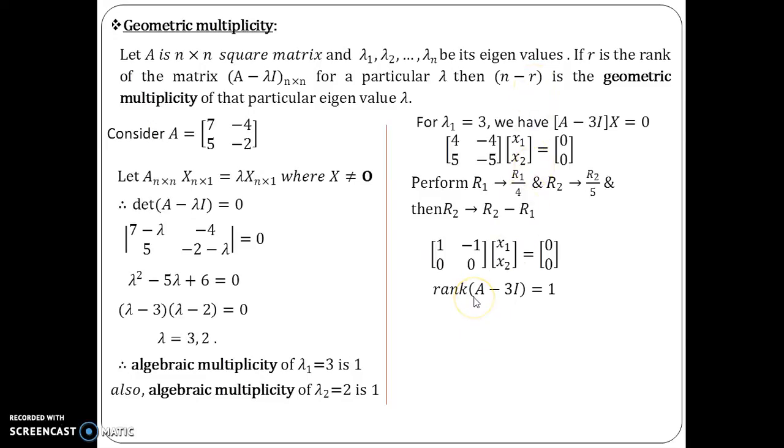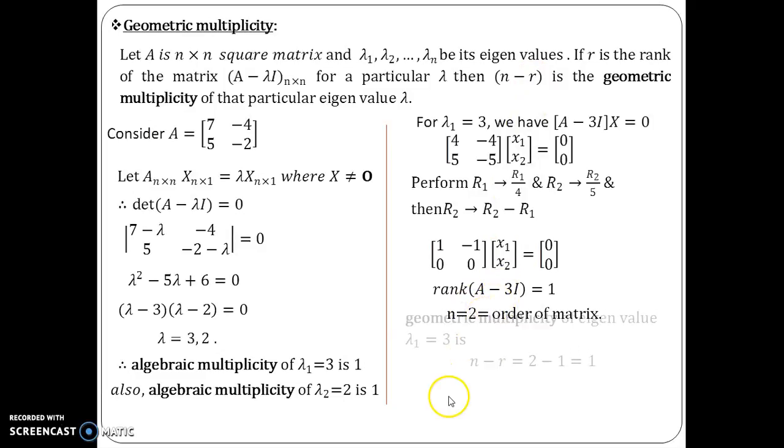Okay, now let us try to find the geometric multiplicity. N is equal to 2, because it is the order of the matrix. Done. So now to find geometric multiplicity, we needed N and we needed R. We have both of the terms.